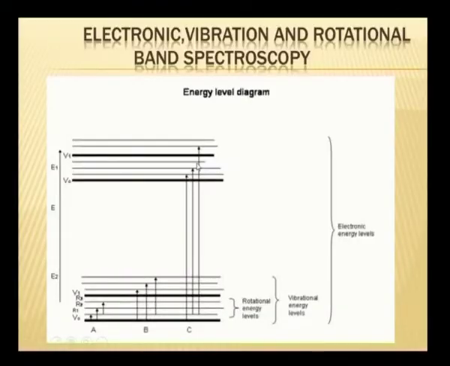Photons are emitted, and in the case of these mercury vapor lamps, the electrons are constantly going up and coming down, and in the process when the electrons are coming from higher energy levels to lower energy levels, you get electronic spectroscopy. What is electronic spectroscopy? Whenever you are having transitions coming from the higher energy levels to the lower energy levels, they give rise to what is called the electronic spectroscopy.